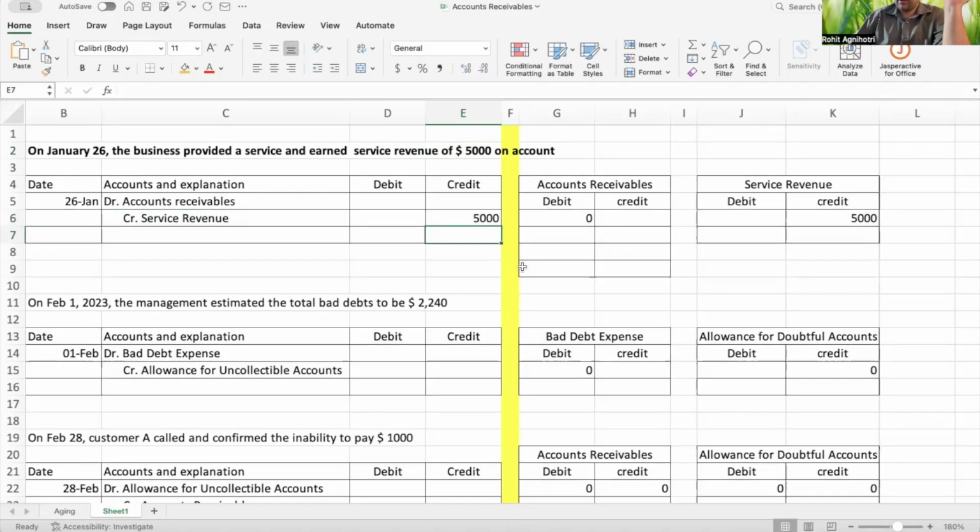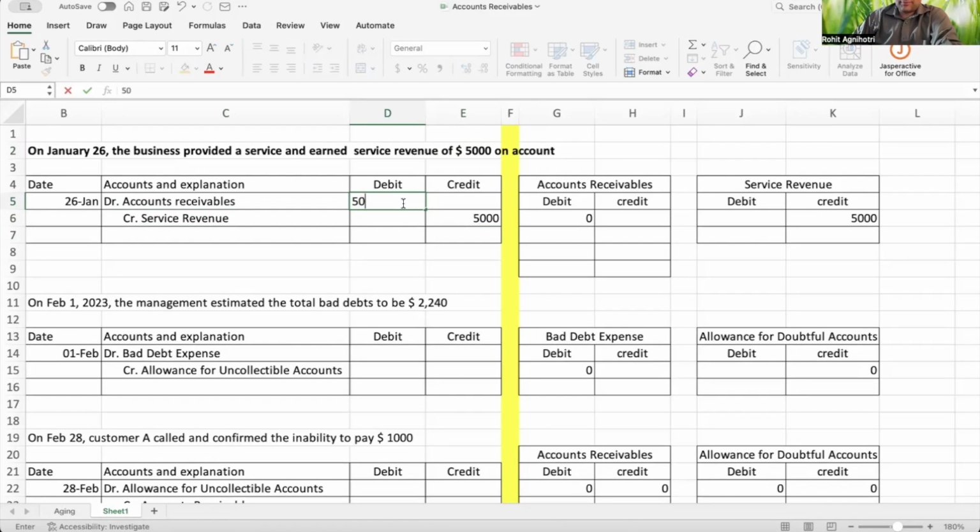Remember, revenue increases shareholders' equity, and shareholders' equity increases from the credit side. This means service revenue or any revenue will also be added to the credit side. So $5,000 service revenue, and at the same time, this person did not pay you cash. So now you will have to add this amount to this customer's accounts receivable account.